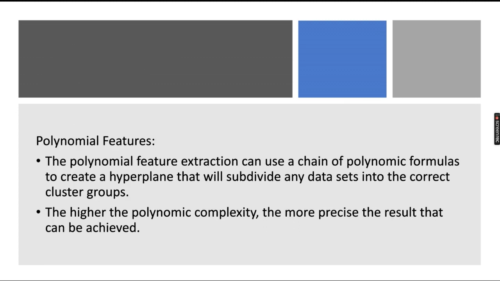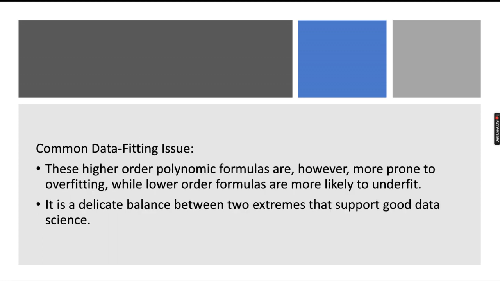Polynomial features extraction can use a chain of polynomial formulas to create a hyperplane that will subdivide any dataset into correct clusters or groups. The higher the polynomial complexity, the more precise the results that can be achieved. So basically, the data will be classified into planes, and all the data that appears in a particular plane can be classified into groups.